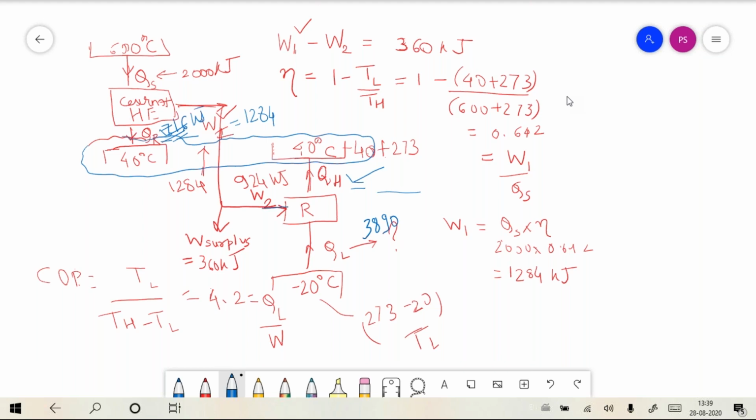If you look at this sketch clearly and do an energy balance, QH is W2 plus QL. That will give you the value of QH, which comes closer to 4820.